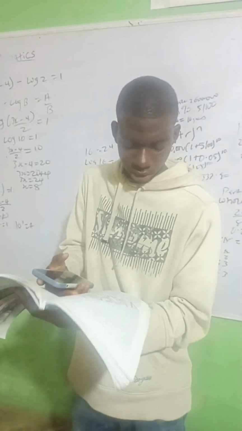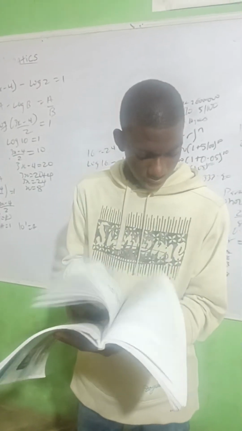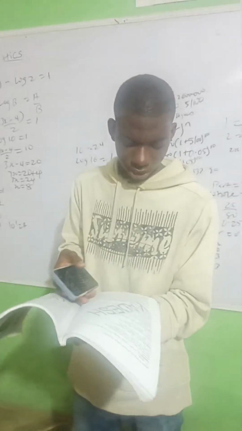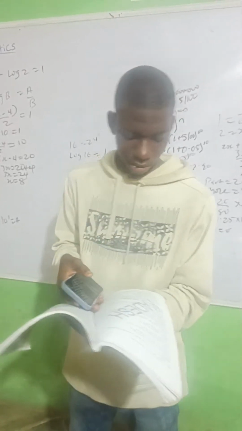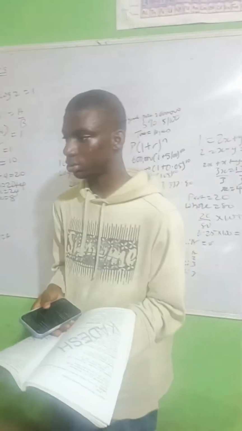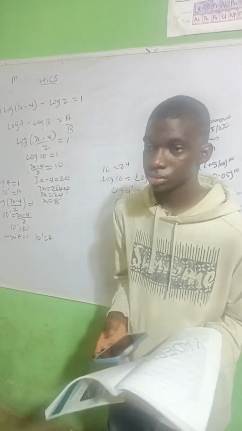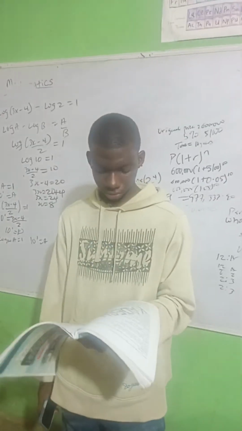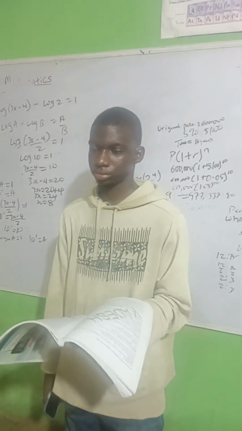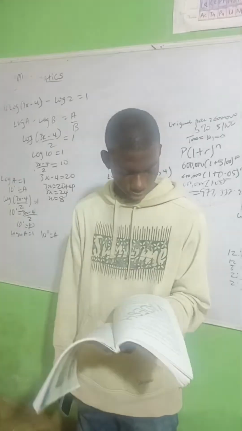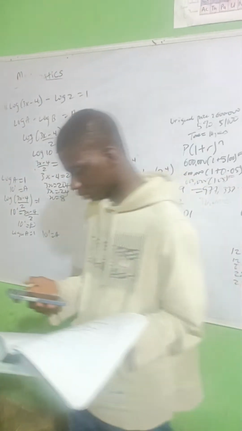The third option is 5a squared minus 10ab plus 5b squared minus a minus b. The last option is 5a squared minus 10ab minus 5b squared minus a plus b. So what do you get? Sir, the answer is 5a squared plus 10ab plus 5b squared plus a plus b. So how do you get the answer?